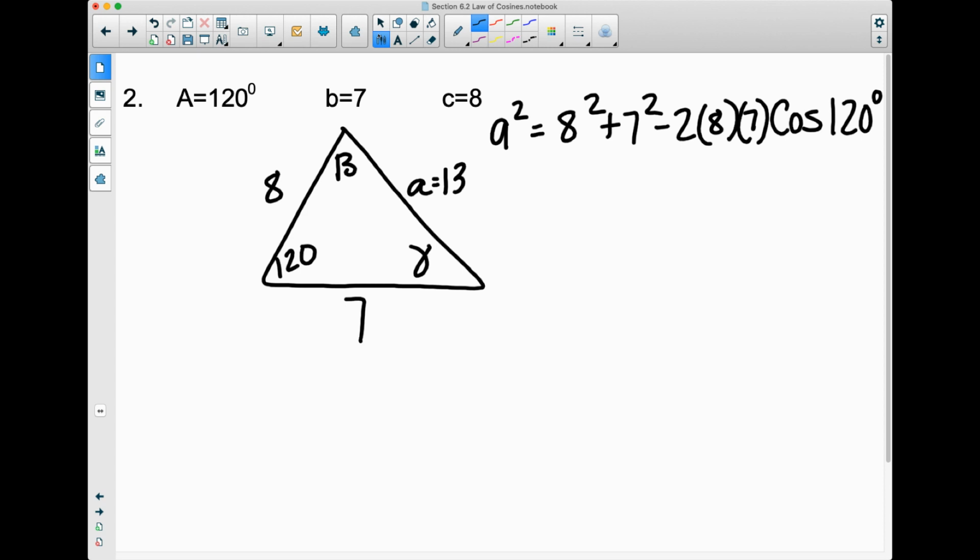Okay. Then you want us to find the angles, right? Now we can use law of sines to find our angles. And once you find one angle, then you can just do 180. Make it super easy on yourself.